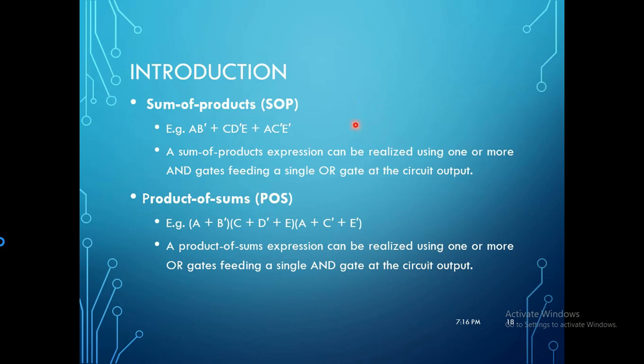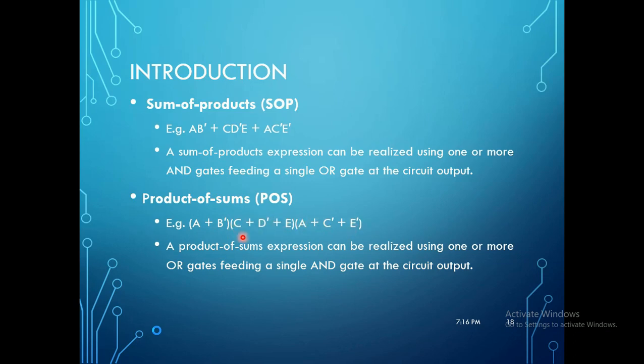In the same way, product of sums, we call it POS. For example, you can take A plus B bar, and next C plus D bar plus E, next A plus C bar plus E bar. Now you have sums: this is one sum, this is the next sum, this is the third sum.